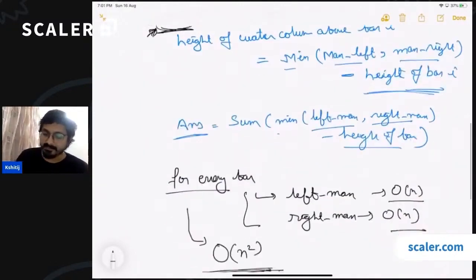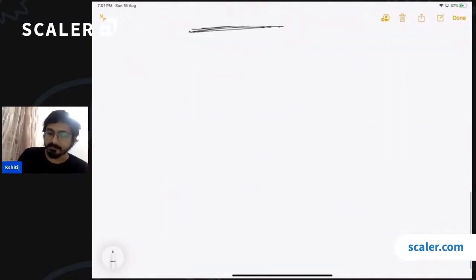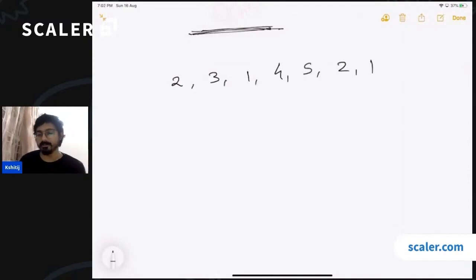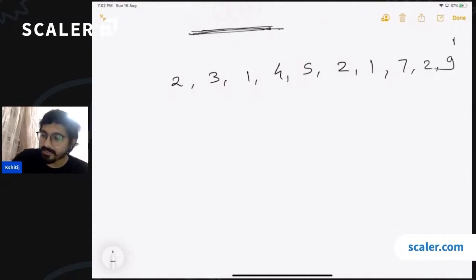Let's actually take a complex example. If the bars are of size 2, 3, 1, 4, 5, 2, 1, 7, 2, 9, and I have to calculate the maximum from the left for this last bar, I will be starting from here. Let's initialize the maximum with 0.